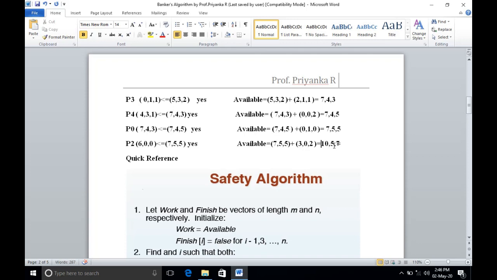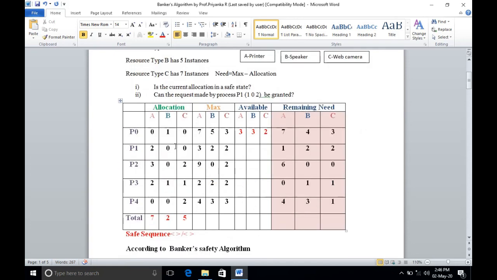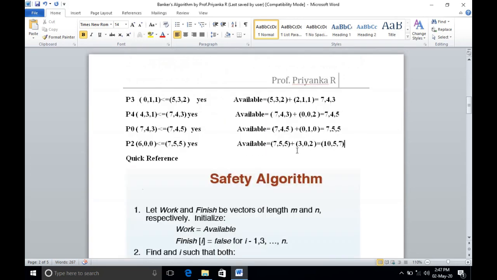This is the final set of resources we obtained after satisfying all the requests of all the processes. We started with 10 instances of resource type A, 5 instances of resource type B and 7 instances of resource type C. So finally we obtained the final answer as 10, 5 and 7.